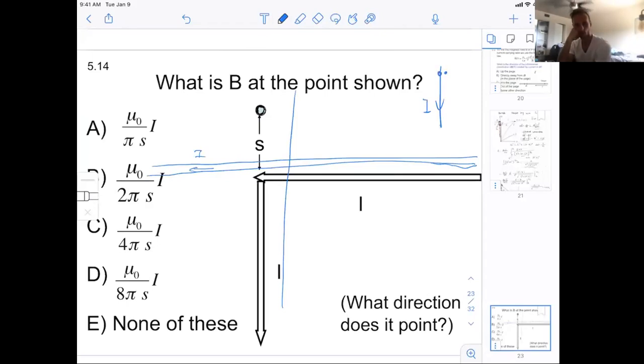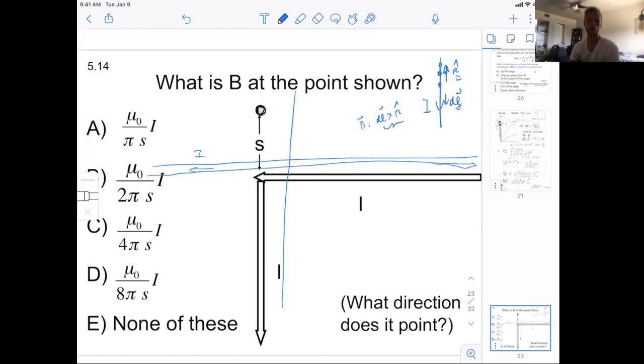You can think about Biot-Savart. B is going to be in the direction of dL cross r. So dL is in this direction. Your r, in this case, from your source to your field of interest, are all in the same direction. So dL and your r, your source and your separation vector, are now in the same direction.